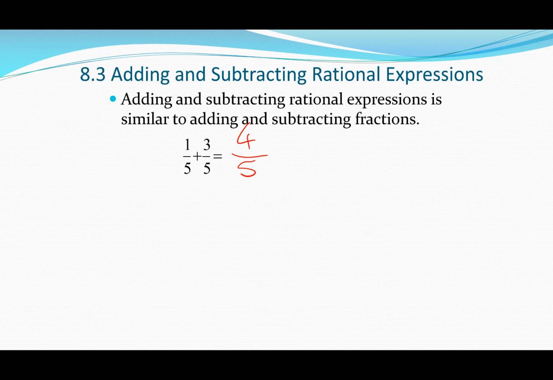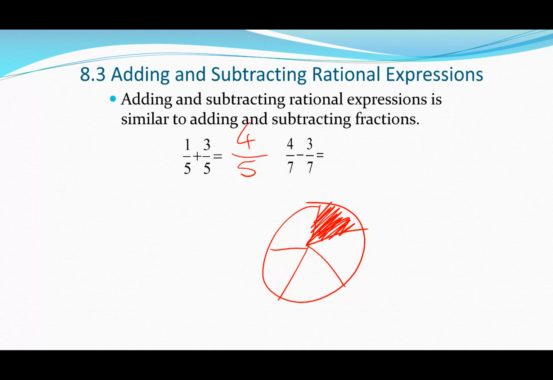I always think of pizza because I'm a hungry person all the time. If there are 5 sections of pizza, let's say you have 1/5 of pizza, and you're adding 3/5 of a pizza.